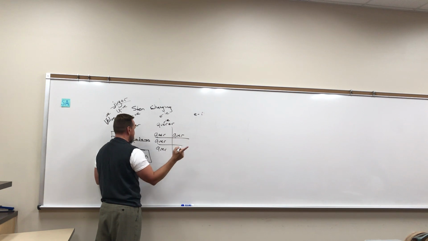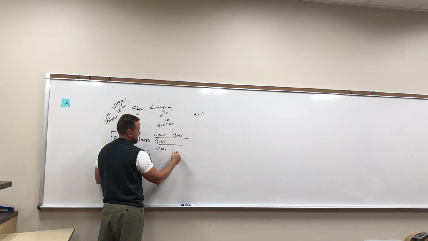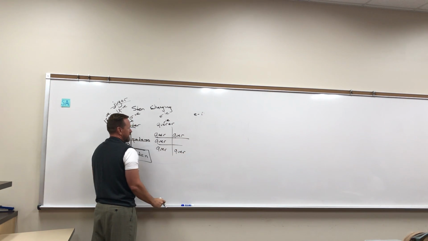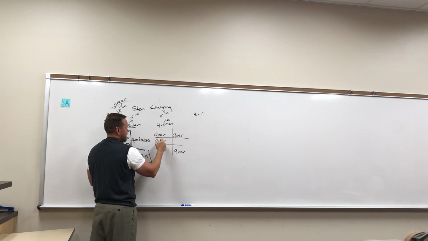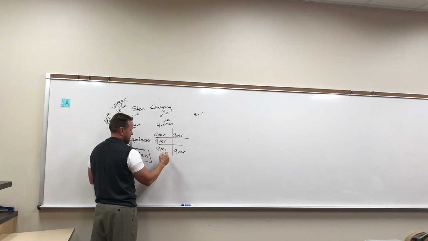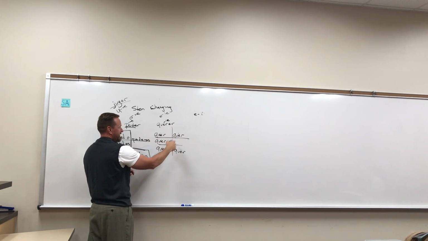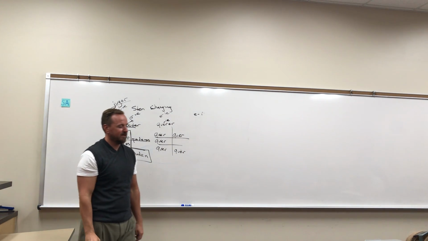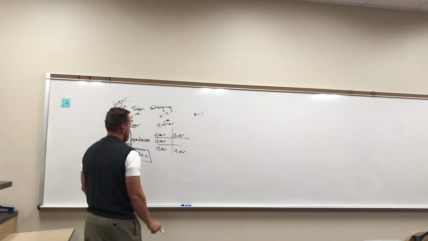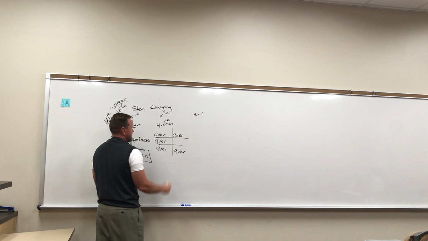The nosotros form again doesn't stem change, the vosotros doesn't stem change, and then you have your same endings. Quiero, quieres, quiere, queremos, quieren. That's an E to IE stem changing verb.